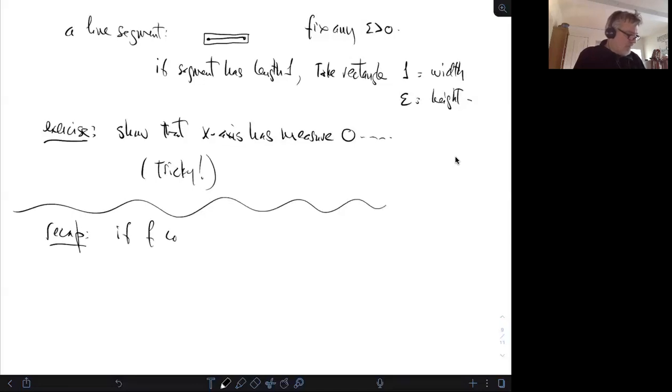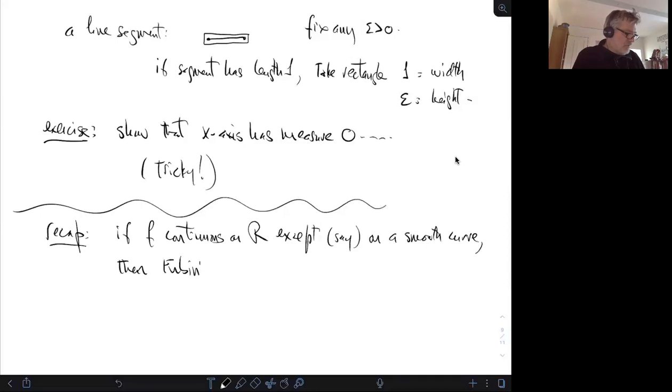If f is continuous on the rectangle, except say, on a smooth curve, then Fubini's theorem will work. So we will be able to use Fubini's theorem even if our function is discontinuous on the curve, and that'll be really important for us next time.